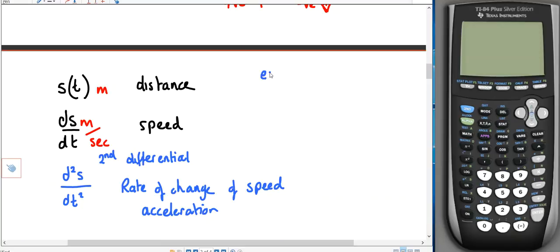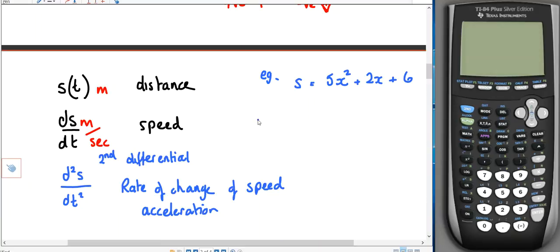So, for example, if I said the distance is 5x squared plus 2x plus 6, that'd be like projectile motion, actually, a quadratic. Anyway, it doesn't matter.